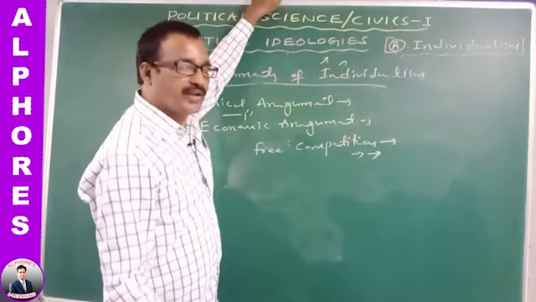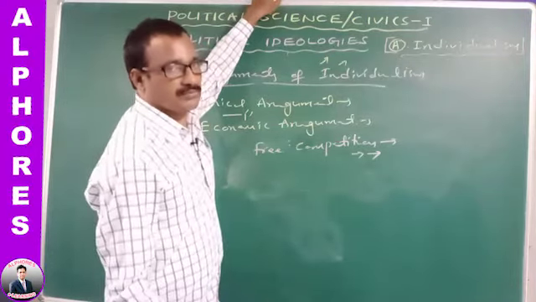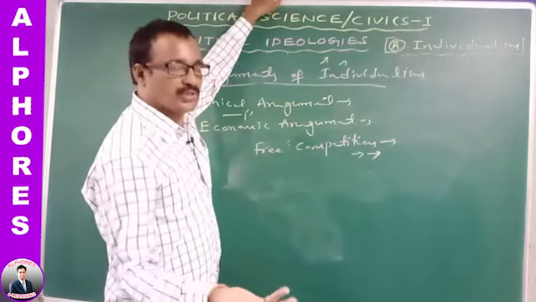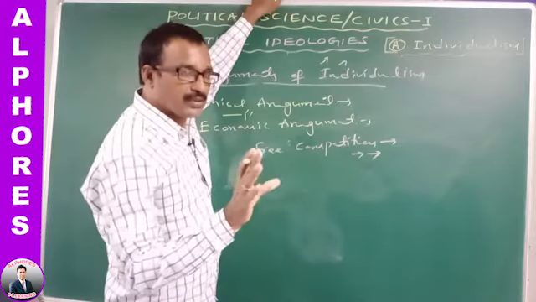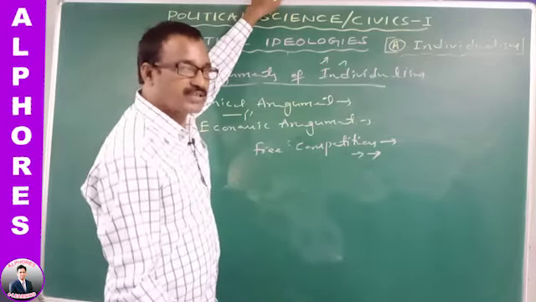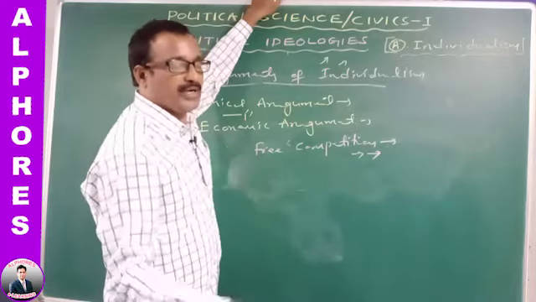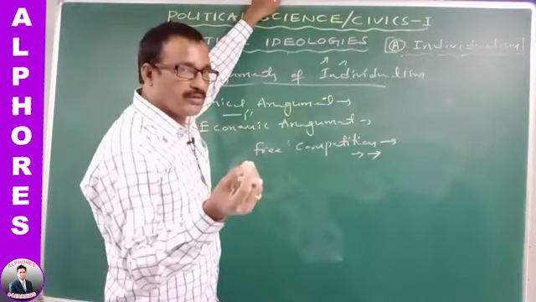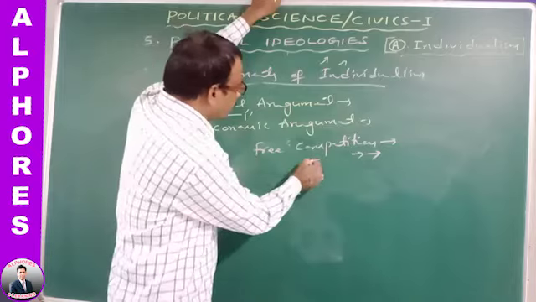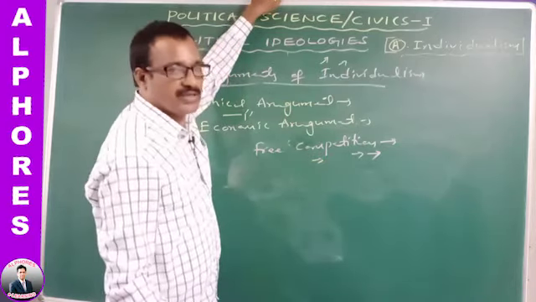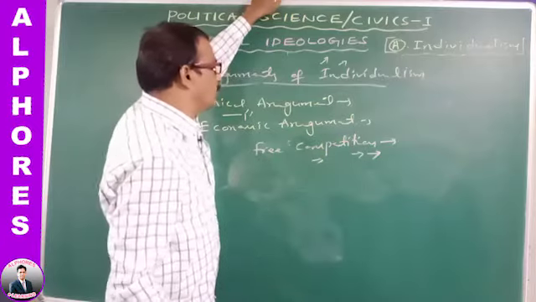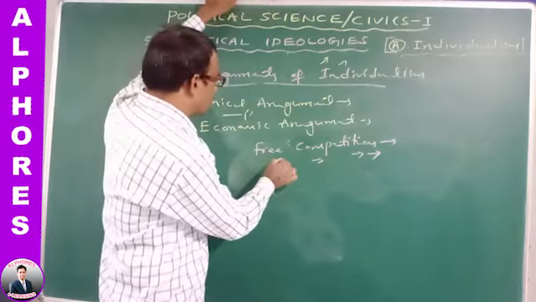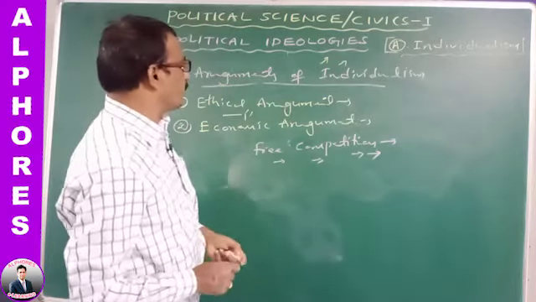Laborers will work where they get more wages. The capitalist will invest their capital in beneficial industries. Laborers will get more wages and consumers will get goods at a lower price. So, these are the advantages of free competition.